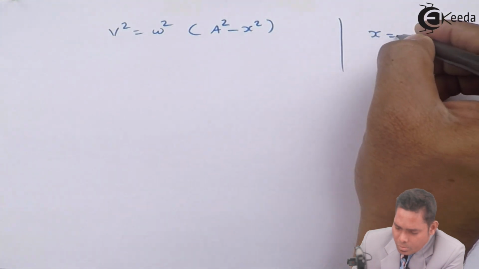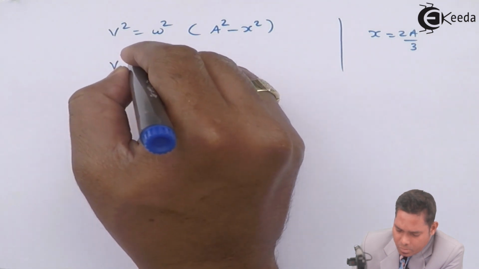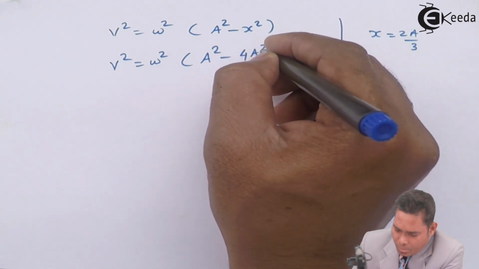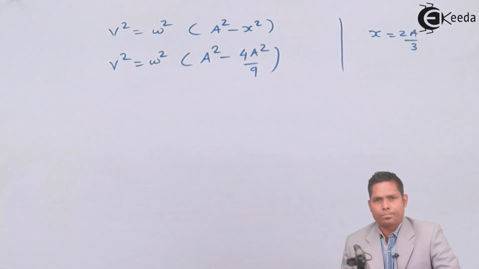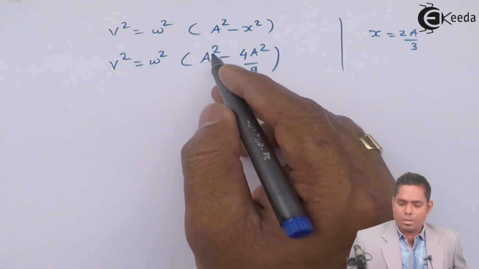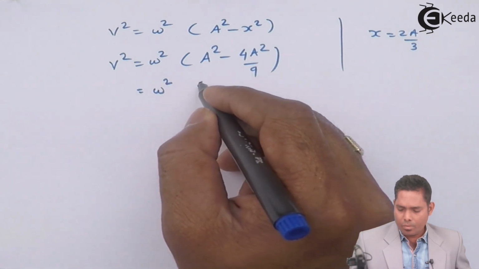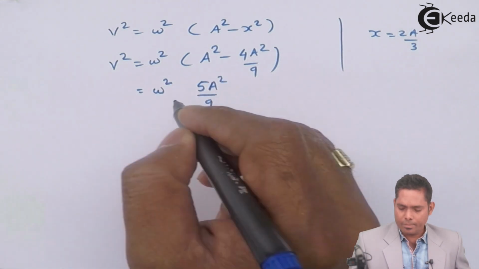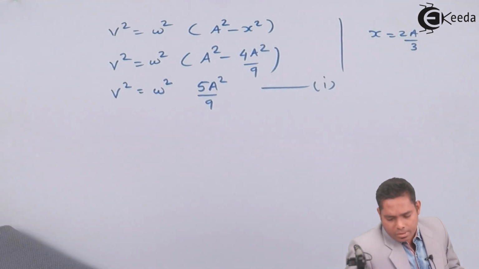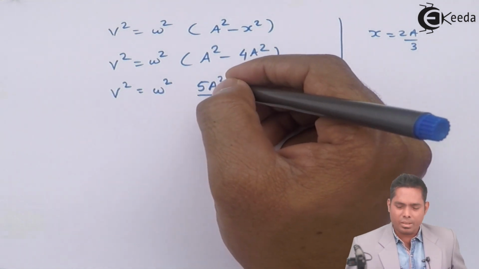If this increases 3 times, the new amplitude will be a dash. Given that x equals 2a divided by 3, v square equals omega square into a square minus 4a square divided by 9. Taking the LCM, this becomes 9a square minus 4a square, that is 5a square divided by 9. This is equation number 1, the case when the velocity was v and the amplitude was a.